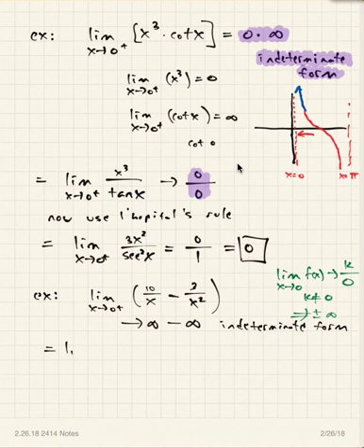You use some algebra to rewrite this expression. So in this case, just get a common denominator. So that's just 10x minus 3 over x squared. And see, now, what do you get? You actually don't have an indeterminate form anymore. You get that this is negative 3 in the numerator.